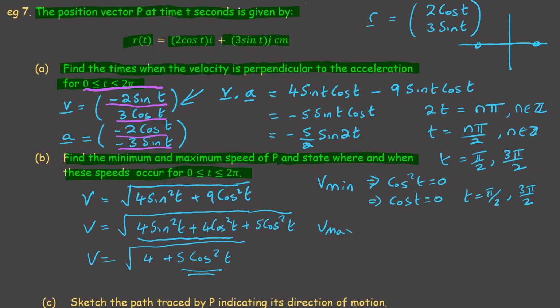V max means that cos squared t would be 1, and then what's under the square root is the largest it can be, which is 9. That happens when cos t is equal to 1 or negative 1, and in that range, that is going to happen when t is equal to 0, pi, or 2 pi.